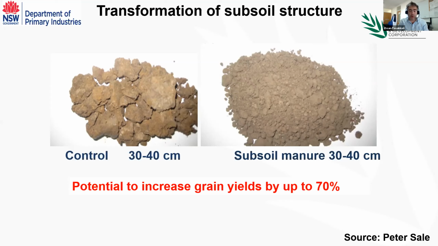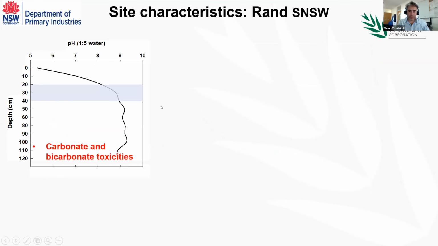So there is quite a lot of potential there. And these changes in the soil structure have been associated with up to 70% increase in yield for up to 10 years, right? Often you need a one-off application and the effect lasts for a number of years, depending on the environment and on what you're adding into your soil.